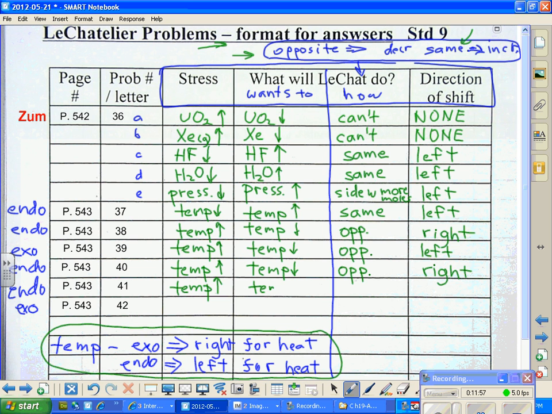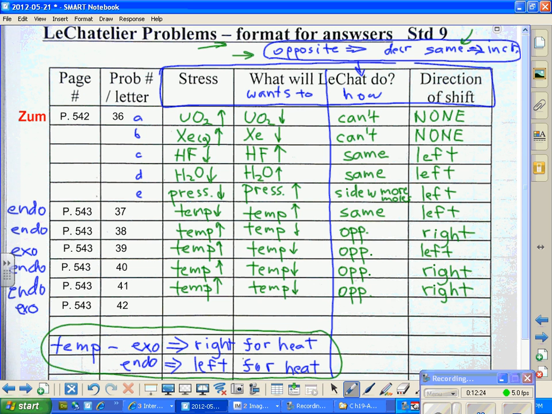So now we go temp down because that's what Le Chatelier always wants to do, the opposite, that is. And to be down, we have to move to the opposite side again. Boy, opposite a lot here, huh? And so with opposite on endothermic, the heat is on the left, opposite of left is right. So this is another right shift.